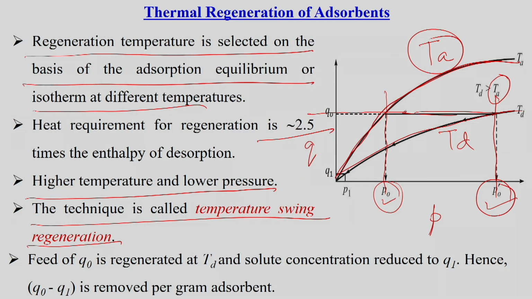So the feed of Q0 in the adsorption isotherm is regenerated at Td like this, and the solute concentration is reduced to Q1 at a partial pressure of P1 like this.